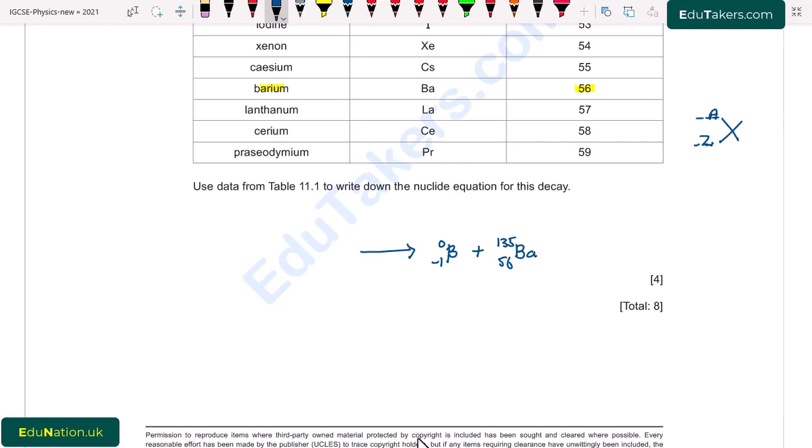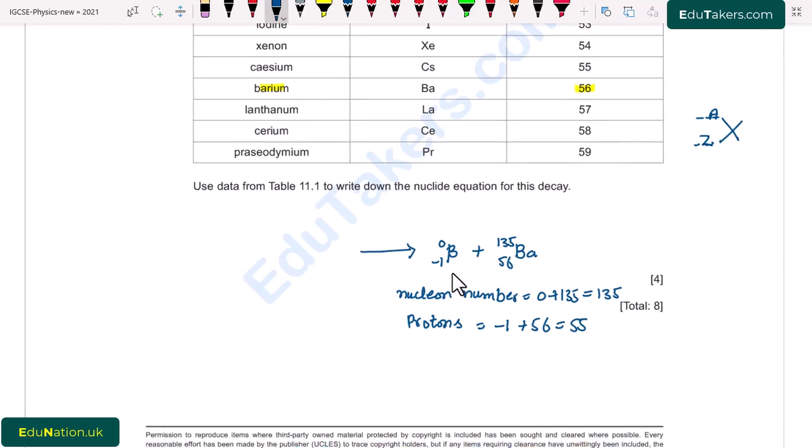So I write here nucleon number, it is equal to 0 plus 135, which is equal to 135, and protons, minus 1 plus 56, it is equal to 55. So any element that has atomic number or number of protons equal to 55 will be on the reactant side.